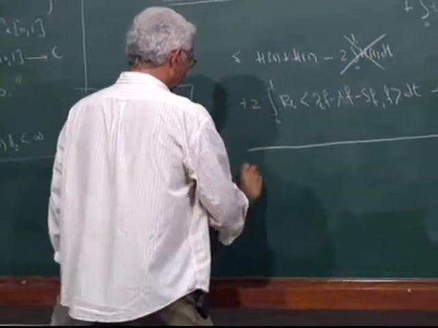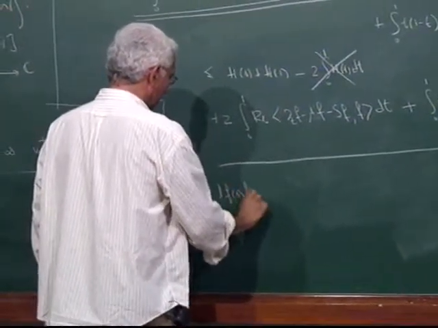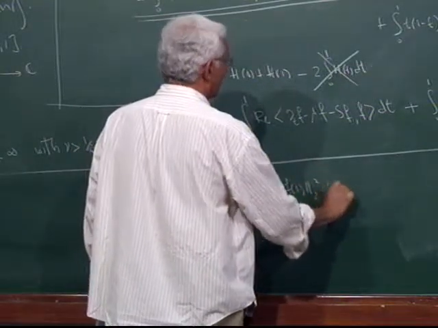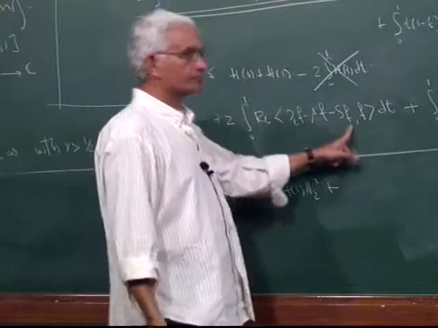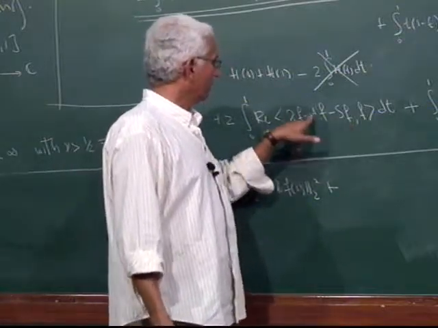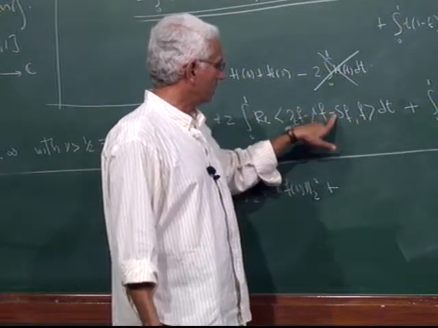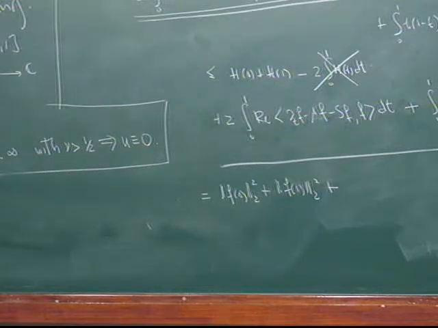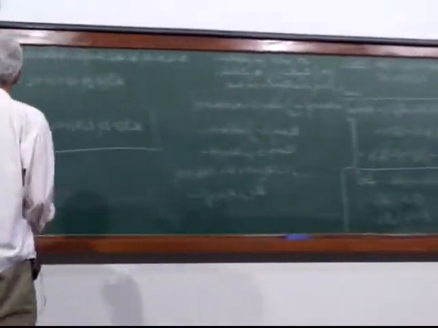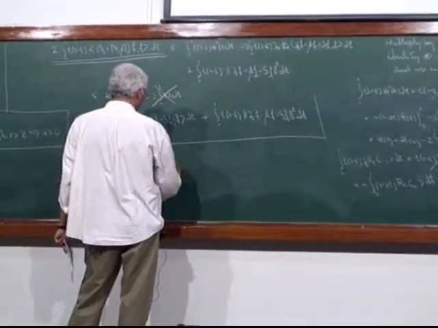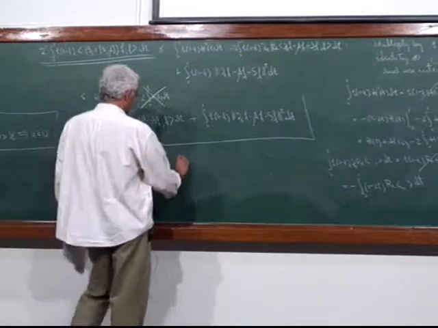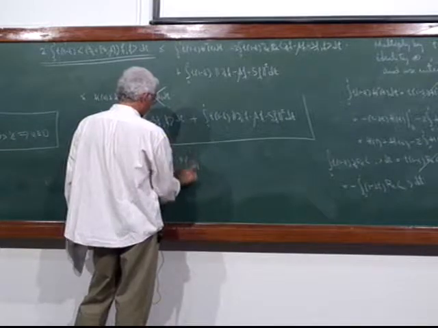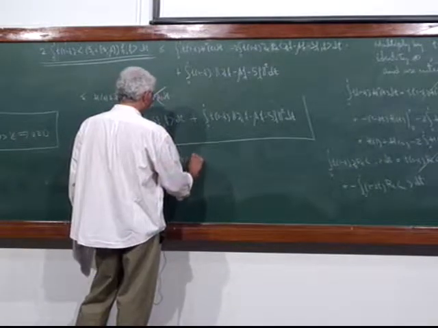This is the norm of f at 0, L2 squared, plus the norm of f at 1, L2 squared, plus who is all this? Who is dt of f minus the operator a applied to f minus s applied to f? Well, it's equal to b multiplied by f. You can put absolute value, the real part, and so forth. This is going to be less than the integral between 0 and 1 of the L infinity norm, if you want to be very picky, the L infinity norm in space.